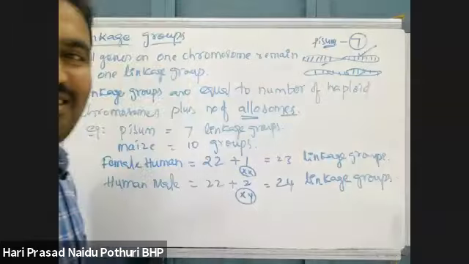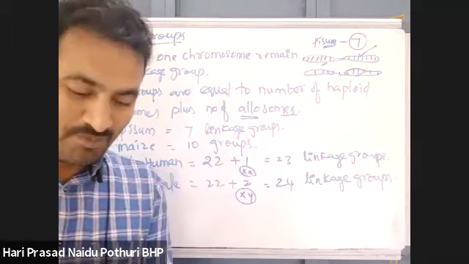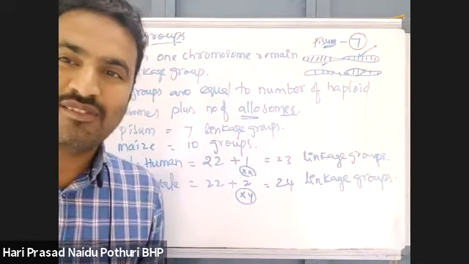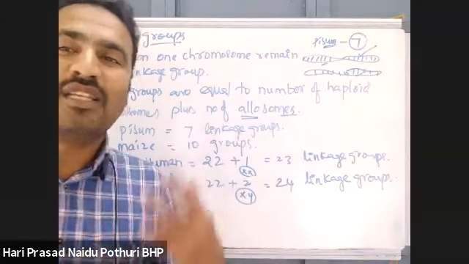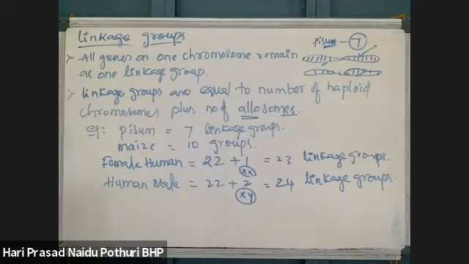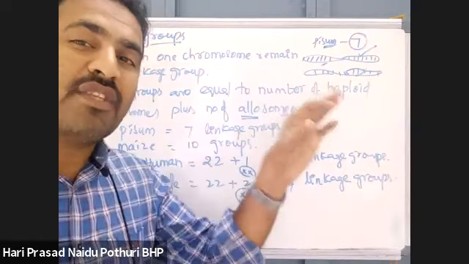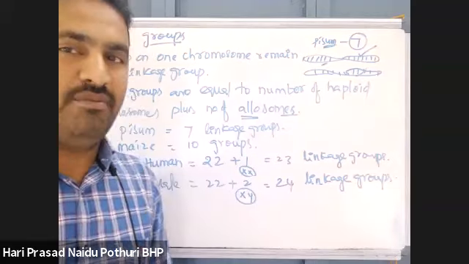What are allosomes? Allosomes are also called sex chromosomes. Autosomes are those not involved in determination of the sex or gender, whereas allosomes are chromosomes involved in determination of the sex or gender of an individual or organism.